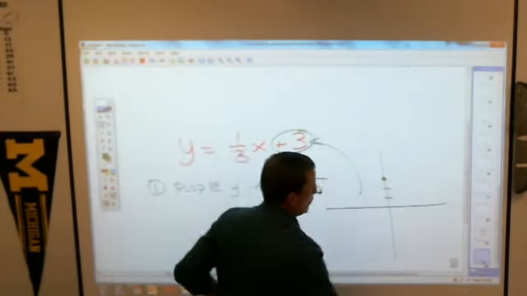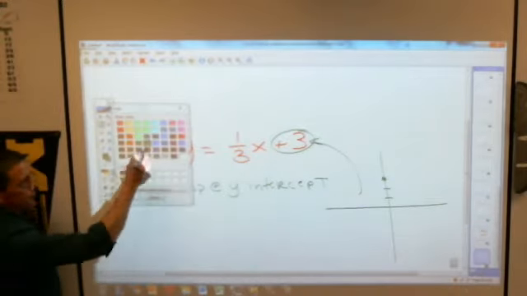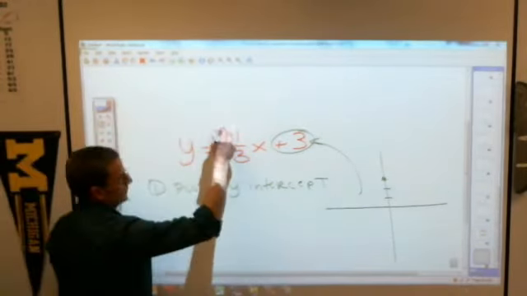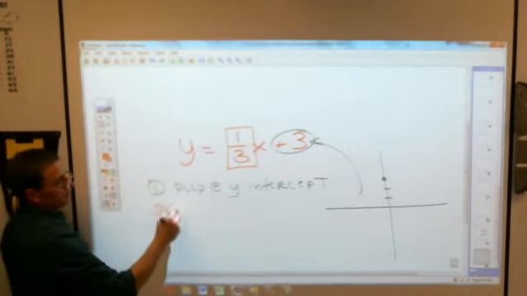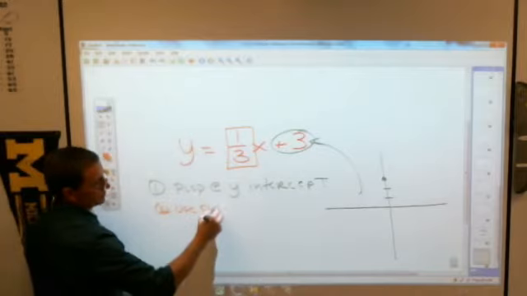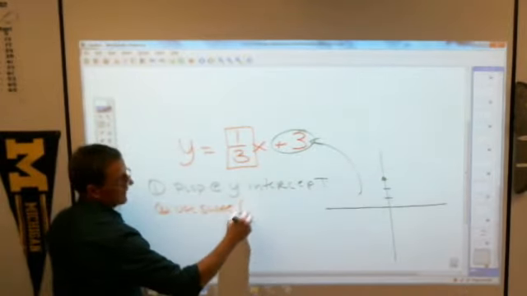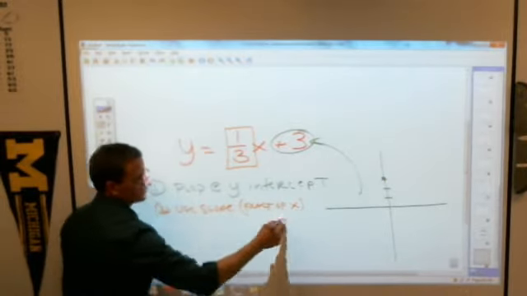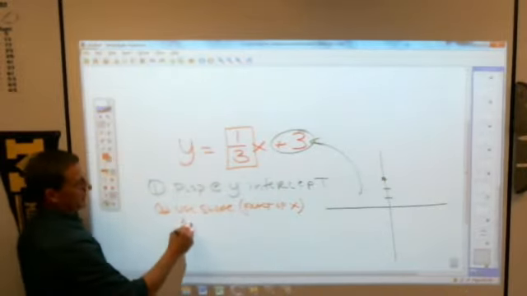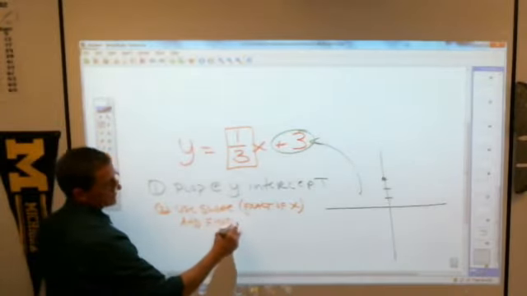So once you have that, children, step number 2 is you take the slope, which is the fraction in front of the x, and find your second point.